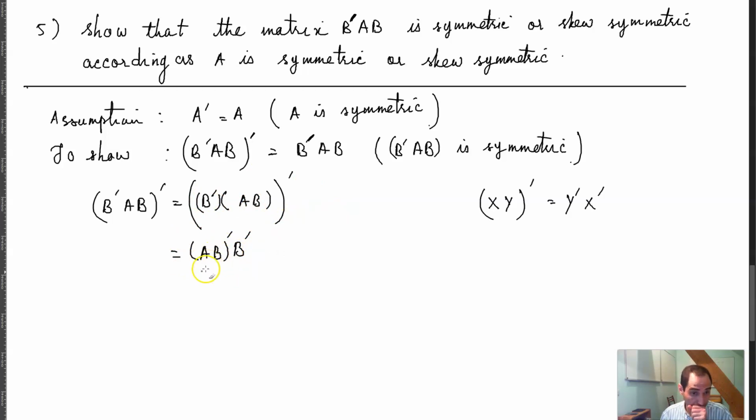And that is the same thing as (AB) whole prime is equal to B prime A prime times B prime.